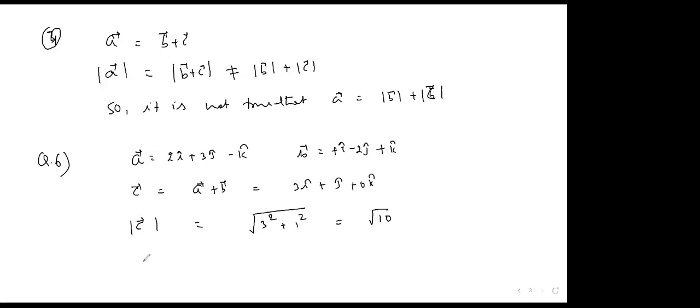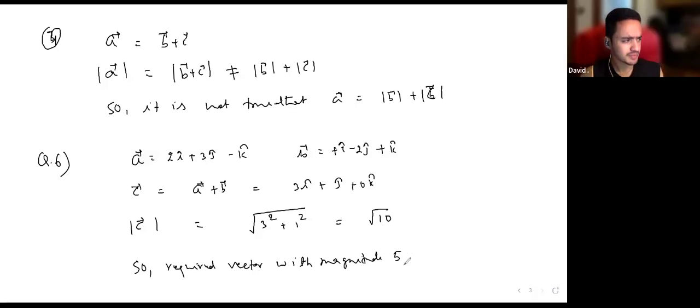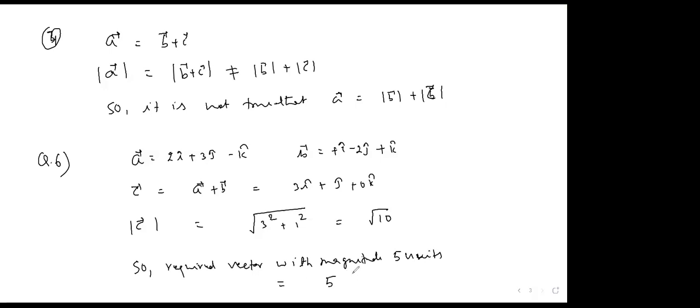If we want to find the vector having magnitude 5 units, the required vector with magnitude 5 units equals 5 times the unit vector of C. So the unit vector of C is 3 over root 10 i cap plus 1 over root 10 j cap plus 0 over root 10 k cap.